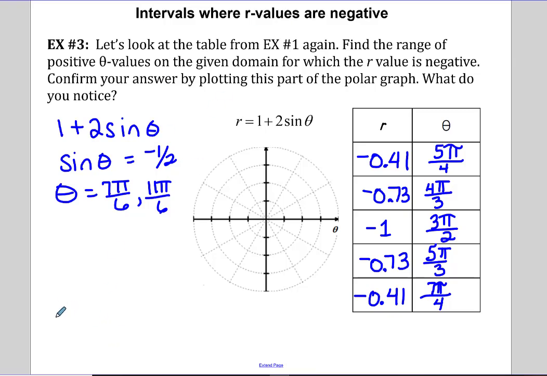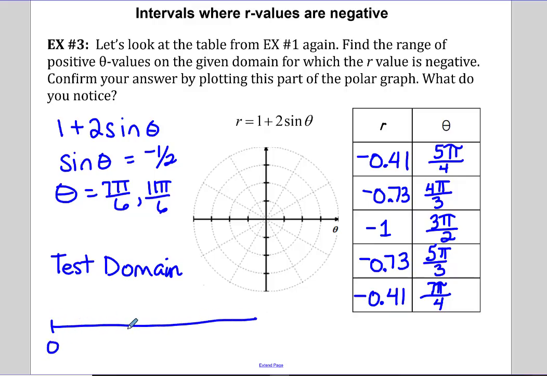So modeling what we would do, we could test that domain by making a test strip and dividing up our test strip between 0 and 2 pi, because we knew it took 2 pi radians to graph the full cycle, and test our zeros at 7 pi over 6 and 11 pi over 6.